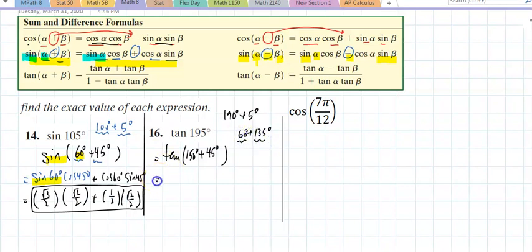That will work. So based on the formula I have up for tangent of a plus, that would be tangent of the first plus tangent of the second divided by 1 minus tangent of the first times tangent of the second.